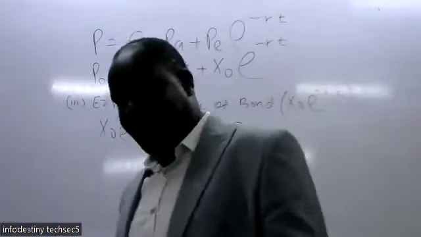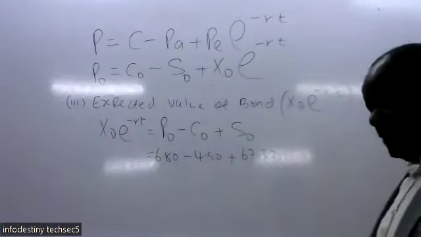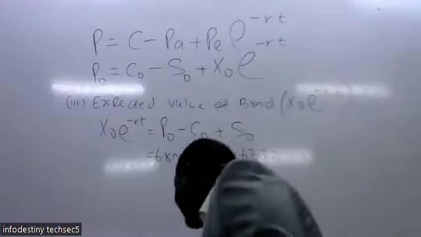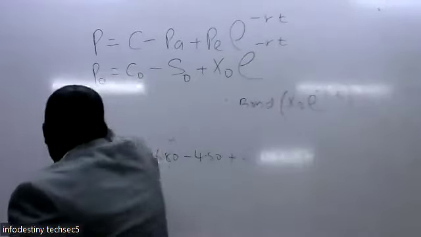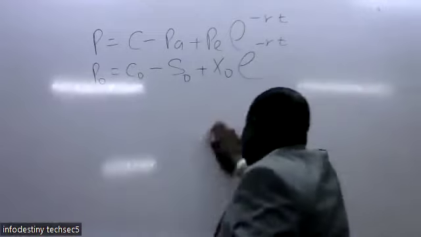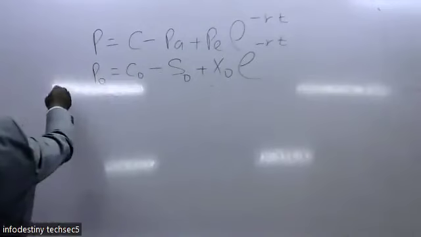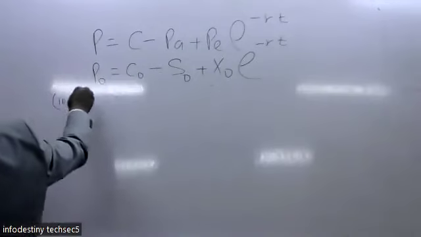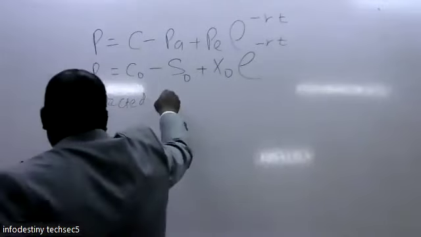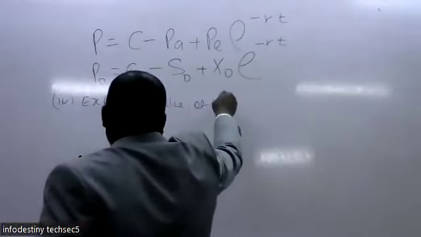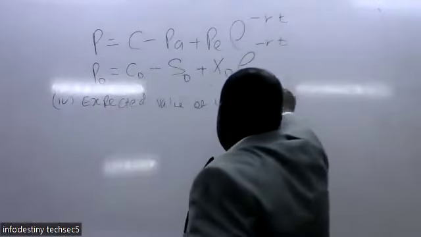So let us now go to Roman letter 4. They were asking you to calculate the expected value of the stock. When you are to compute the expected value of the stock, it is now the same as SO.